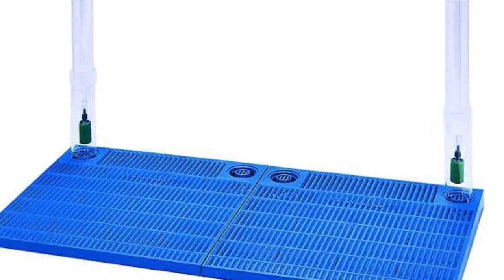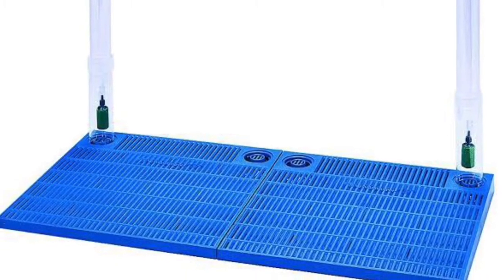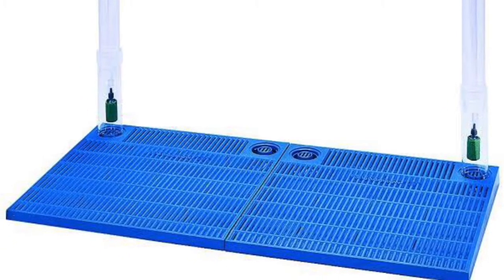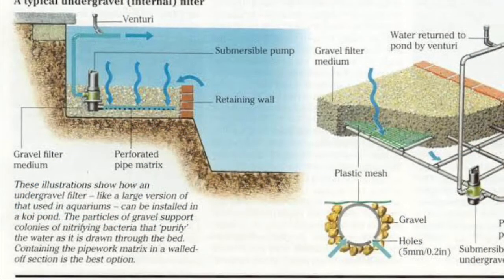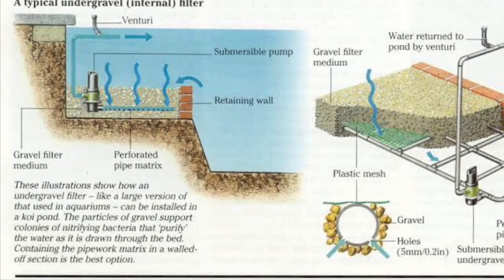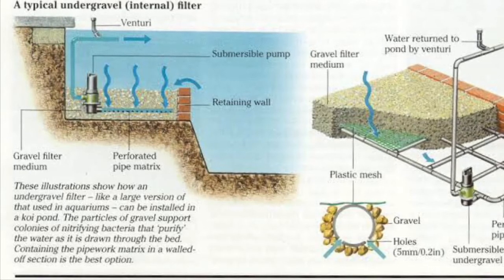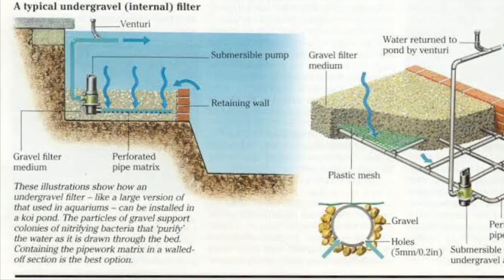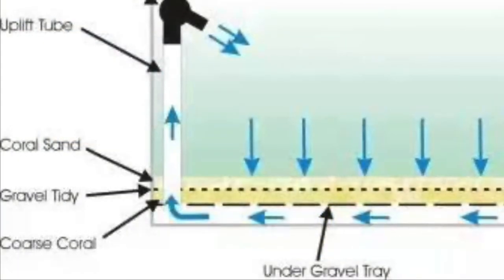Third in the list we have the undergravel filter, one of the oldest types of filters. As the name suggests, an undergravel filter consists of a porous plate which is placed beneath the gravel of the aquarium. Historically, undergravel filters have been driven via air displacement. Air tubes are placed at the bottom of an uplifting tube, which forces water out of the tube, creating a negative pressure beneath the gravel filter plate.